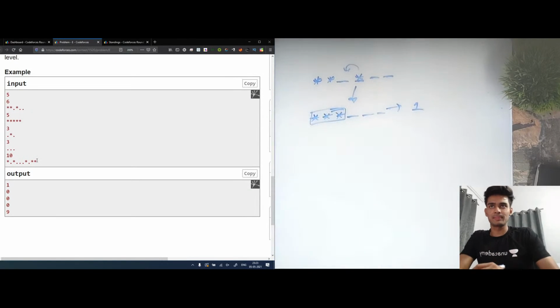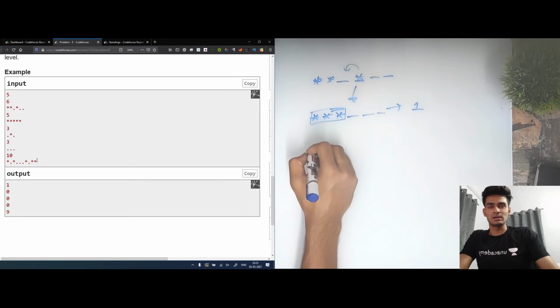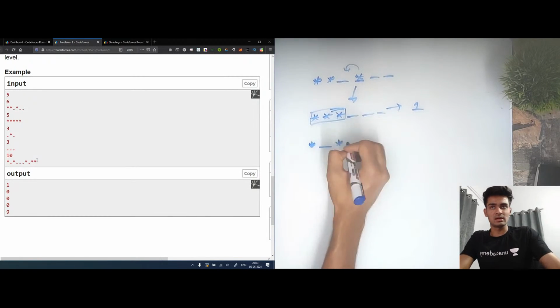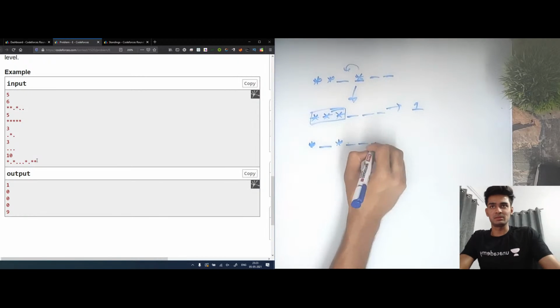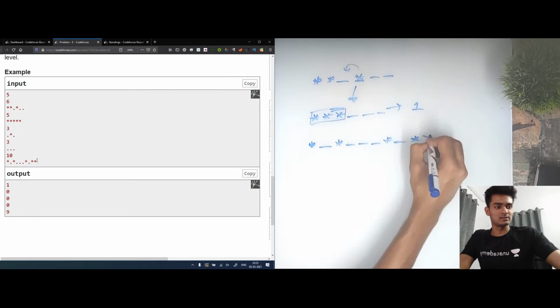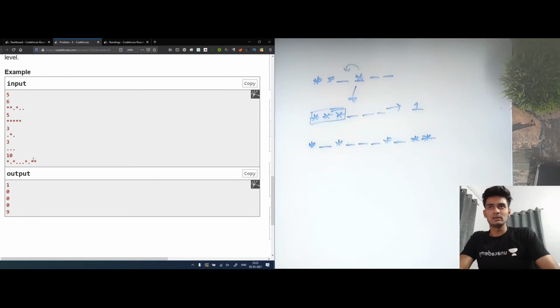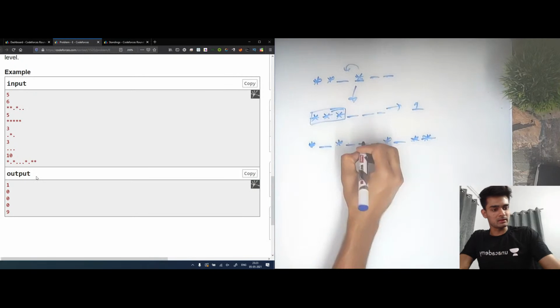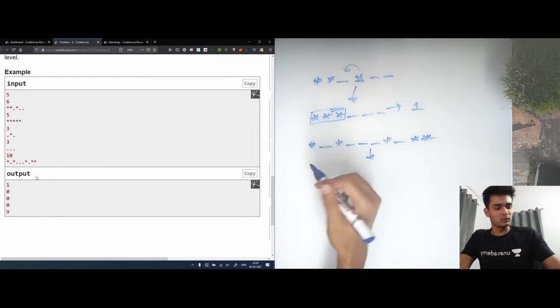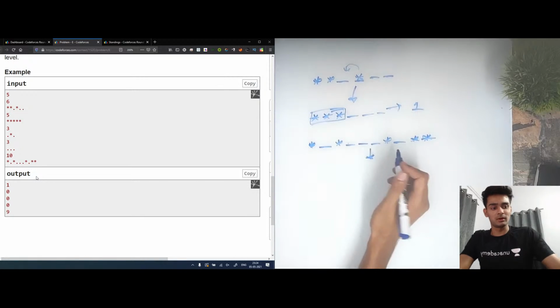Let's take the last test case, which has 10 values. We have star, empty space, star, empty space, empty space, empty space, star, empty space, star, and star. Let me see where we get the final answer so that I can show the number of moves.